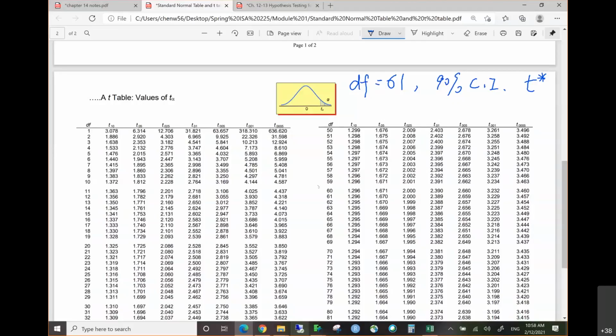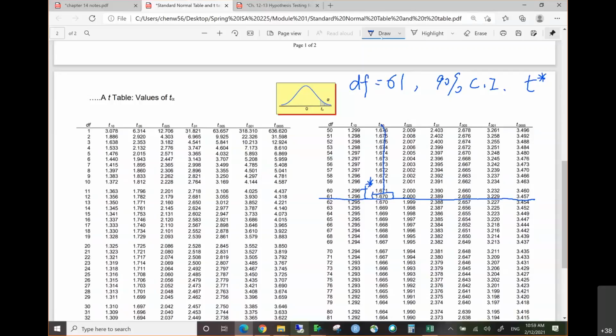So Nancy, what do you think? How to find the t star? You go across from 61, and then from 0.1 divided by 2, which is 0.05. That is the t star, 1.67. Perfect. Good job. So this is the t star.